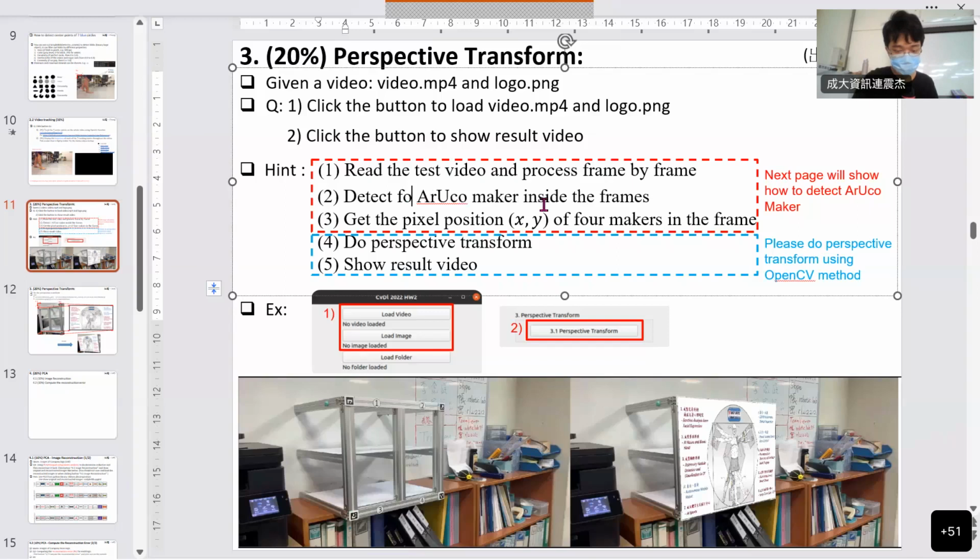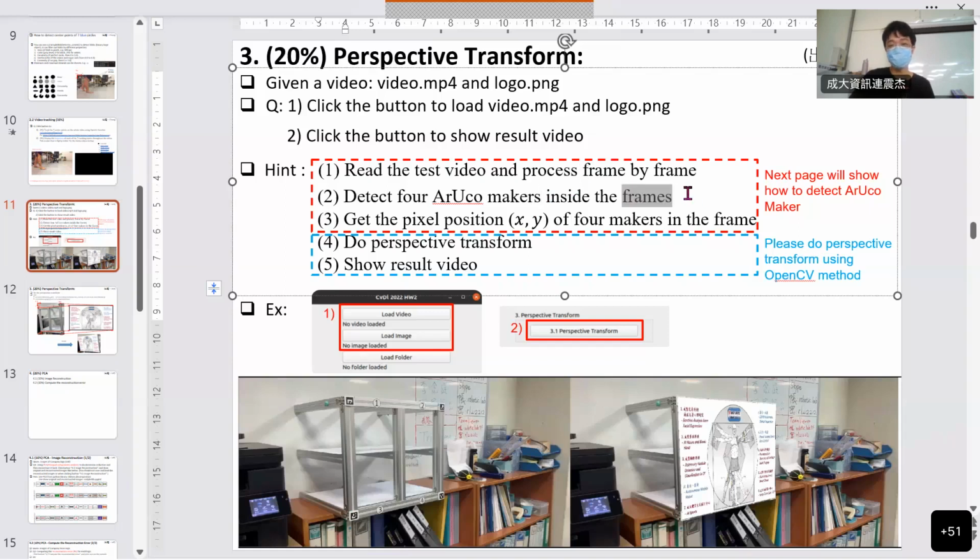Because they don't understand what the frame is. The image is also called a frame. What's the definition of your frame? The video is also called frame. Process the test video frame by frame. What do you mean inside the frame?